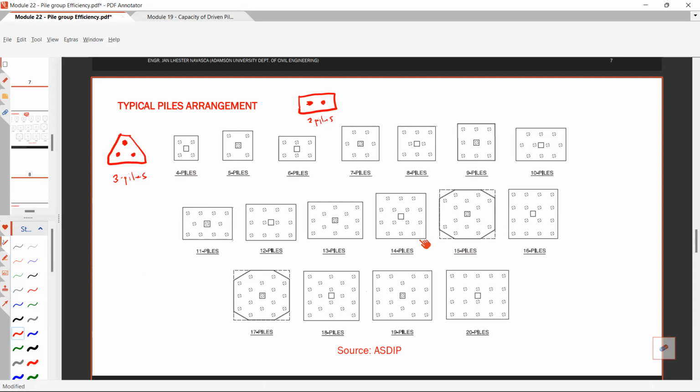Then ang gagawin mo, magpu-put ka lang ng circle doon sa bawat coordinates na 'yon. Yan yung mga ginagawa. Okay? So very crucial talaga yung trabaho ng surveying kasi kailangan eksakto yung positions ng mga piles.